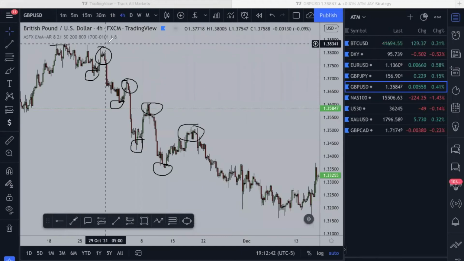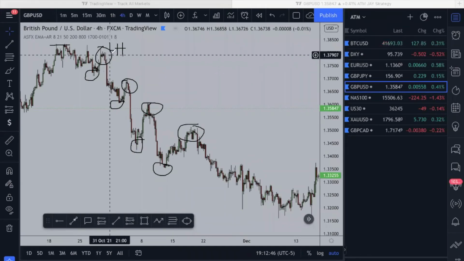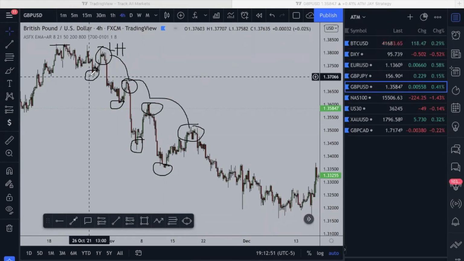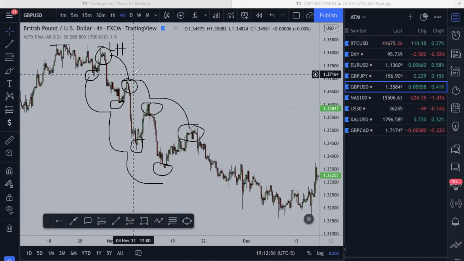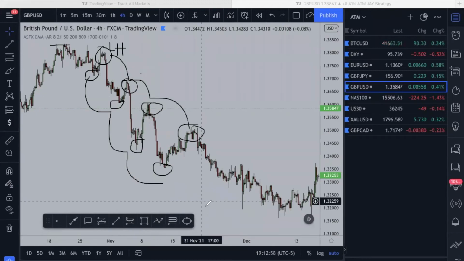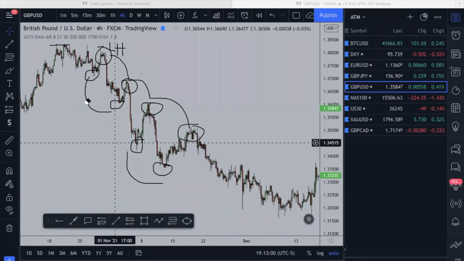So we got our lower highs, and you see that we're stepping down. So this should already give you a sell bias, telling you, okay, we're only looking for sells.